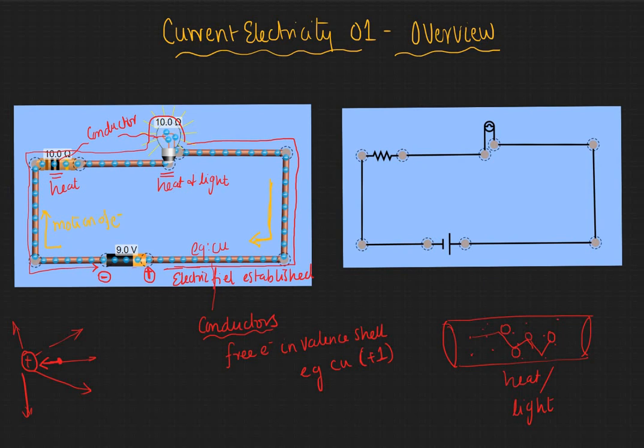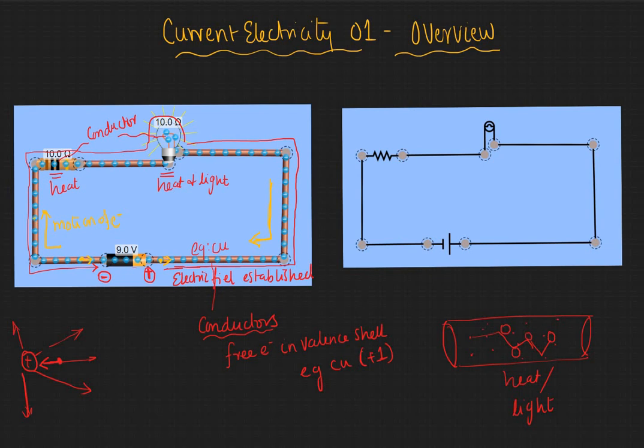The electrons are moving from the negative end to the positive end of the battery, and the electric field is in the opposite direction, and that's the cause for the motion of these electrons. It's important to understand that all the electrons are moving at the same time. This electron here is drifting, and this electron here is also drifting.